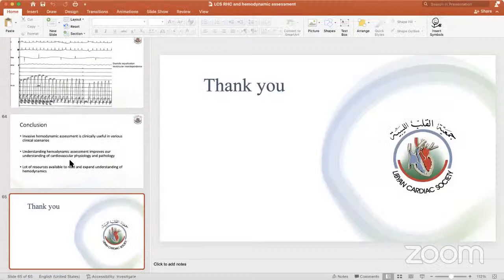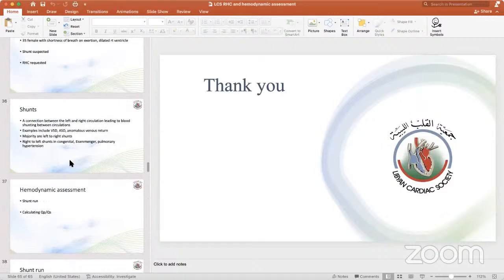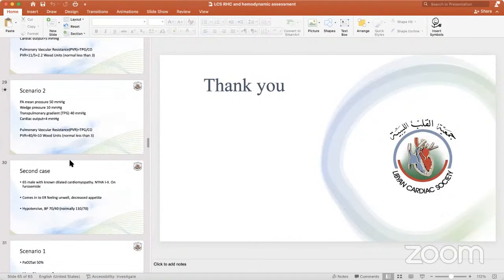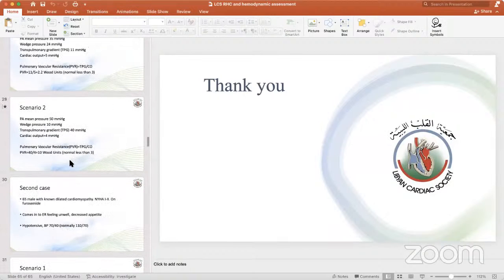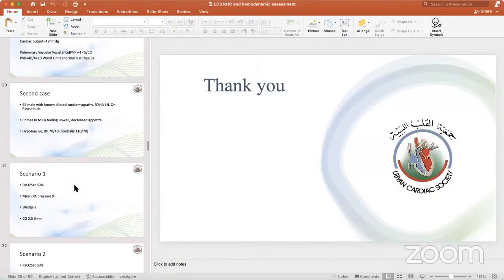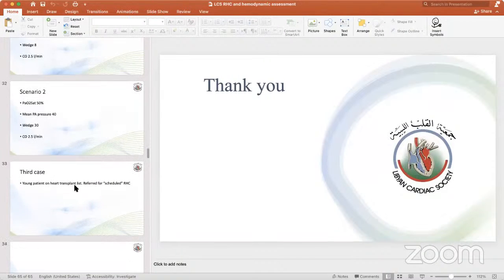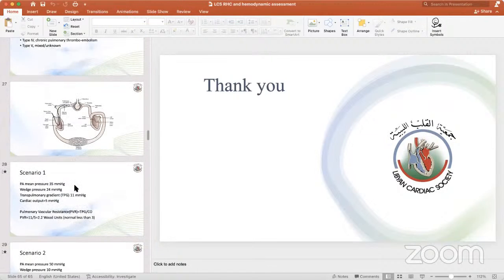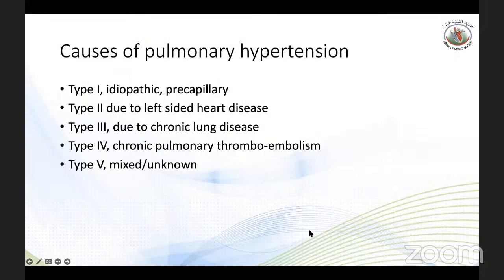The other thing is that many times when we wedge, and I agree with the comment about trying to be safe in wedging, when you try to wedge and you're not sure, it is sometimes difficult. Am I wedging? I'm not wedging. The best way to do it is, as you push that balloon against the end of the pulmonary artery as far as you can, at that point you can take a saturation.